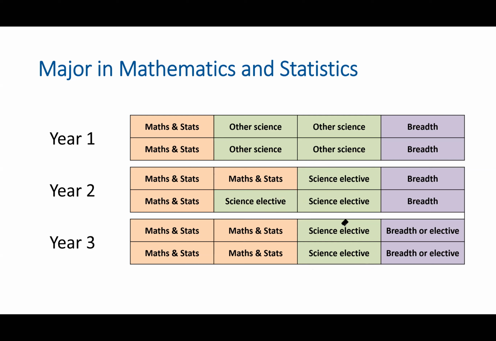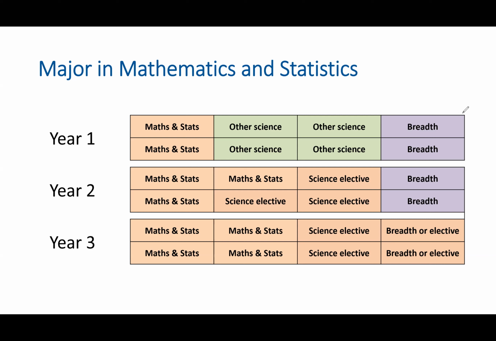Okay, so this is the minimum amount of maths that you would do in a mathematics and statistics major. But if maths is your thing and you want to max out, do as much maths as you can, your course could potentially look like this. You can fit quite a lot of maths into your course. Now, you can't do 100% maths.